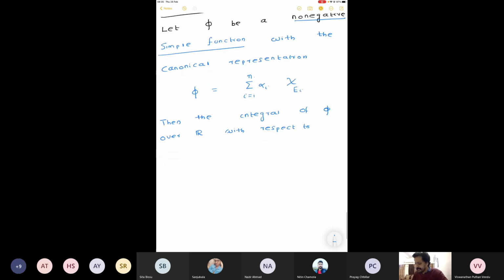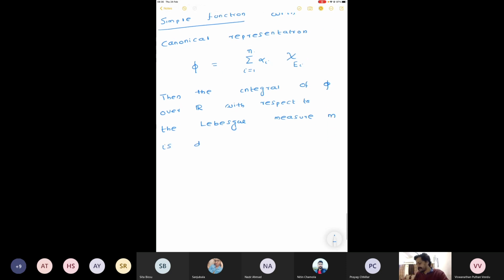With respect to the Lebesgue measure, the integral is defined as follows. I define the summation, i equal to 1 to n, of the values taken by the function, that is alpha i, times the set where the value is taken, Ei, but Ei is not now an interval.